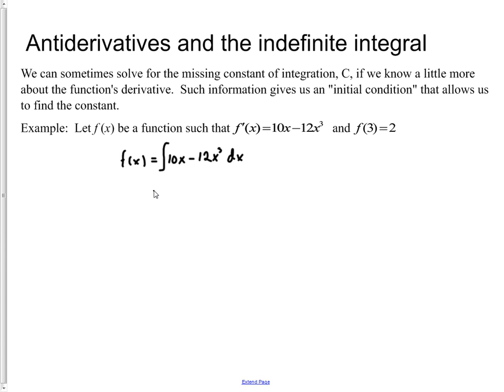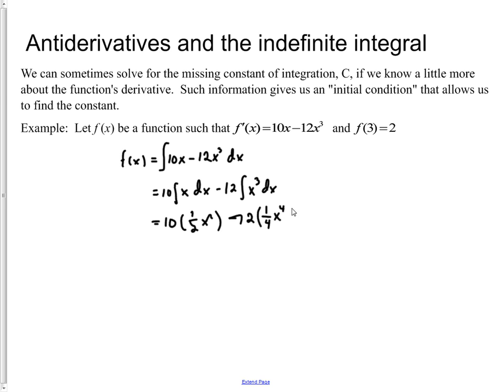So employing the usual rules, I'm going to be taking 10 times the antiderivative of x dx minus 12 times the antiderivative of x cubed dx. So I'm going to end up with 10 times 1/2 of x squared minus 12 times 1/4 of x to the 4th, right?